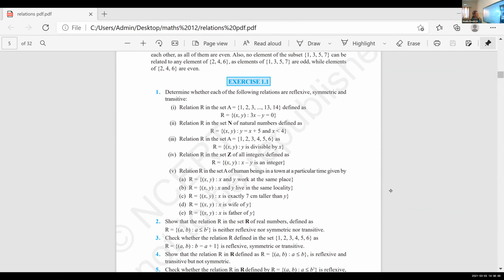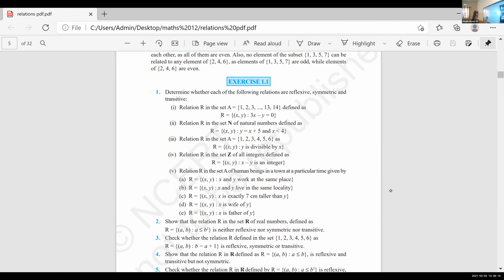Is it symmetric? x and y work in the same place means y and x also work in the same place. Then, is it transitive? x and y work in the same place, y and z work in the same place, so x and z also work in the same place. So for this fifth one, no need to do it. Just go through it.